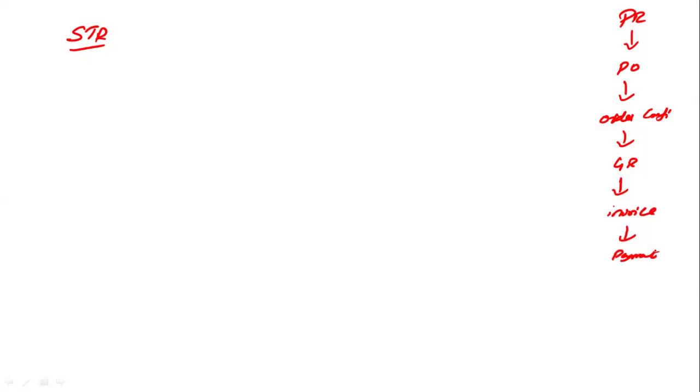But coming to stock transfer requisition, you have three flows. One is there is an STR. Then this STR is nothing but stock transfer requisition equal to purchase requisition. This gets converted to STO. Then STO reaches the supplying plant. Supplying plant will do the goods issue. Okay.